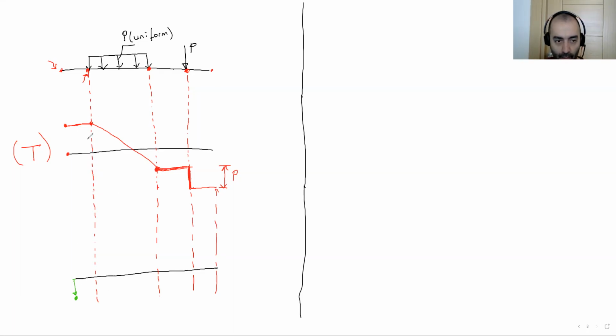By the way, the top part of the shear force diagram is positive. The bottom part is negative. Don't forget this one. You can see here we have a constant shear force diagram. That means the moment diagram will be linear.